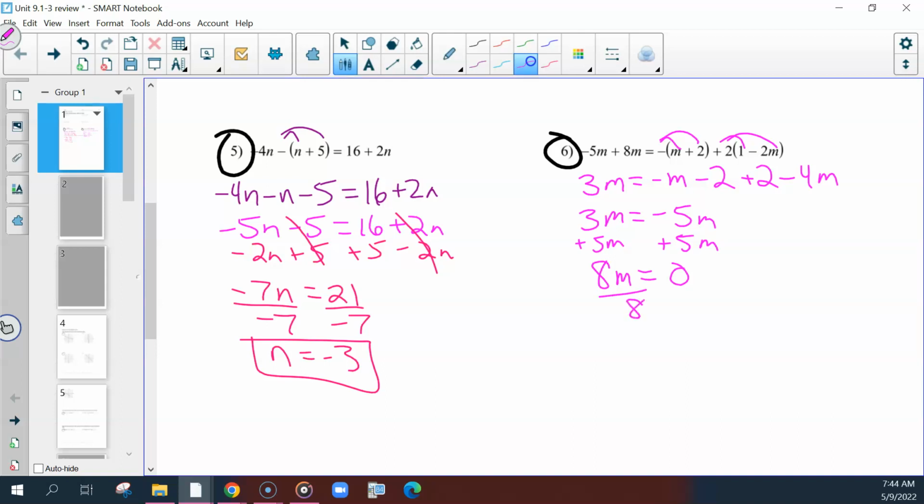Then if we divide both sides, we end up with 0, which can be a solution. Questions on that one? If you see any others on the small review that you want to go over, circle it and we'll come back to it after we go through the rest.